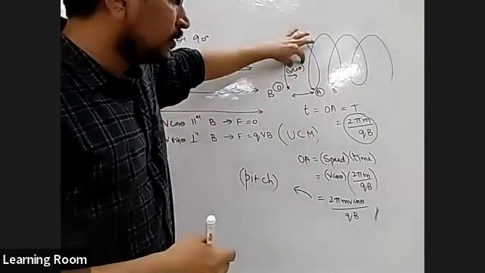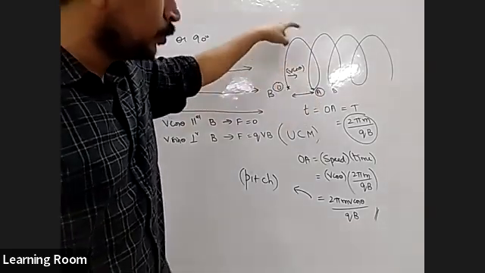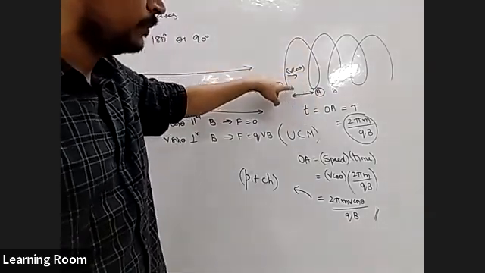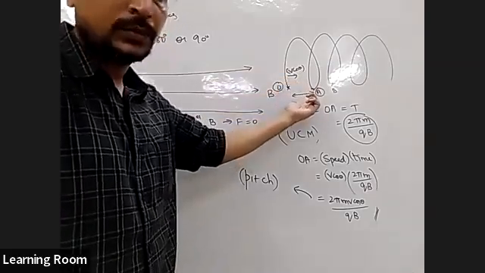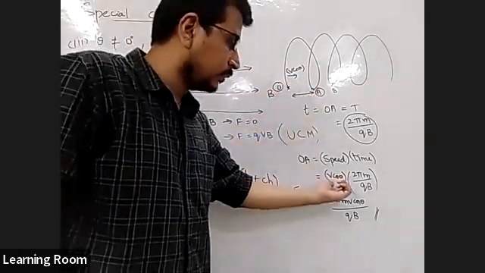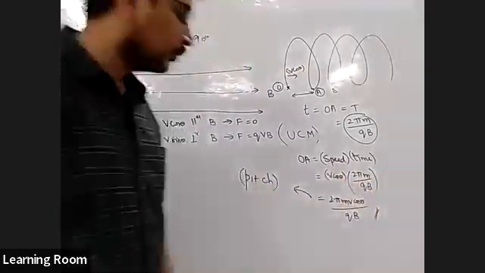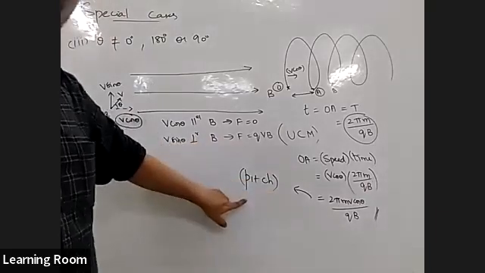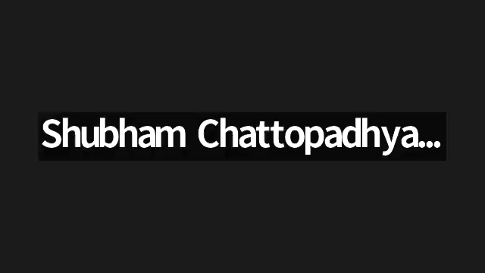So v cos theta multiplied by time is a scalar quantity. So v cos theta multiplied by the amount of time it takes for the particle to go from O to A will give you this distance. And that distance is this value. So v cos theta multiplied with time, 2 pi m divided by qb, then you solve it. And this value OA is what we call pitch. Is it clear? Yes, sir. Okay.